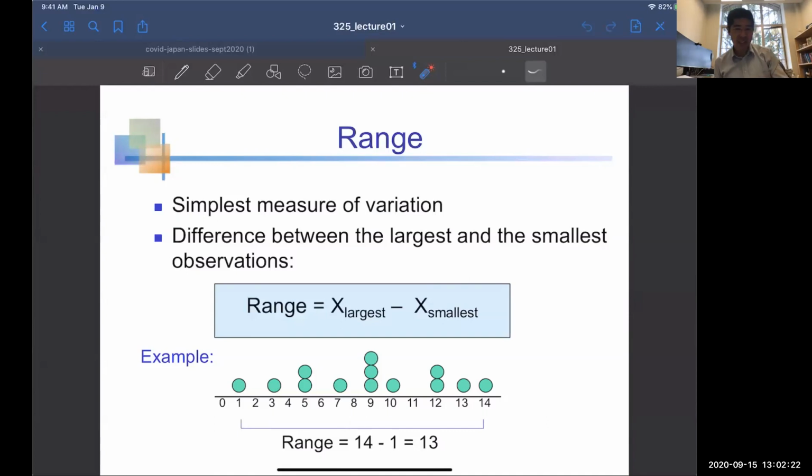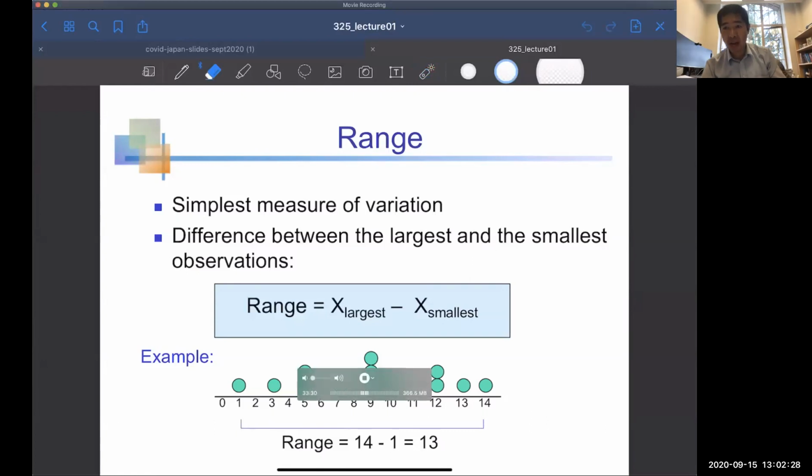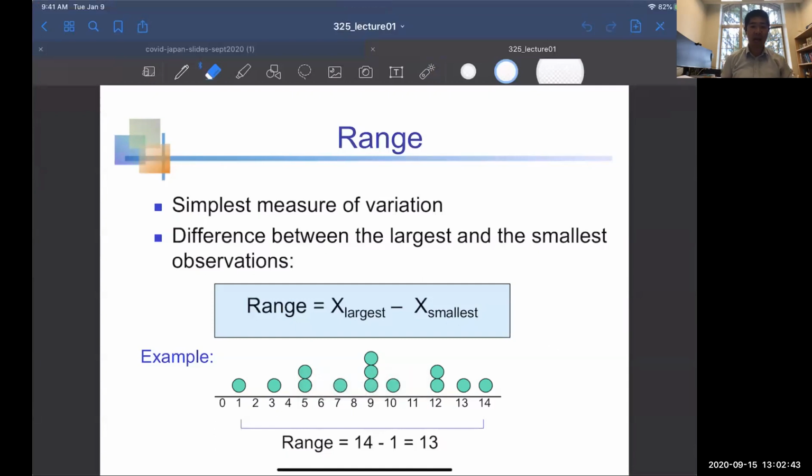But range, as you can imagine, is going to be very, very sensitive to the presence of the outlier. Okay, so I think you want to be reporting a little bit more than the range in order to give the sense of how the data look like in terms of the distribution.